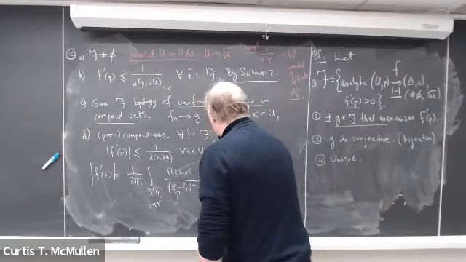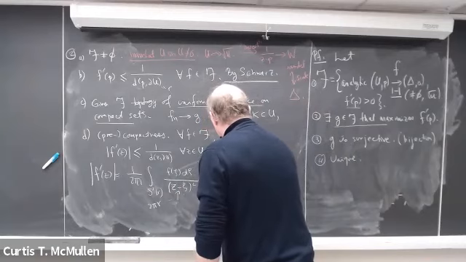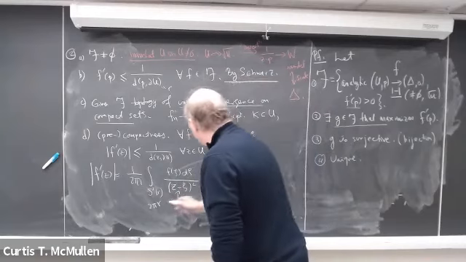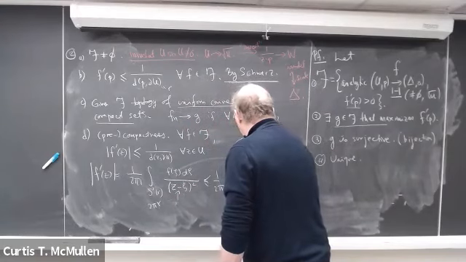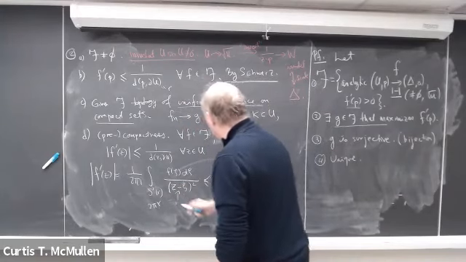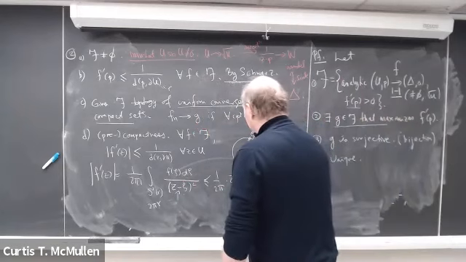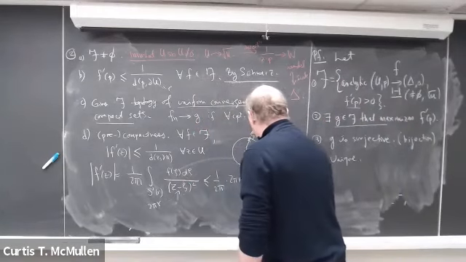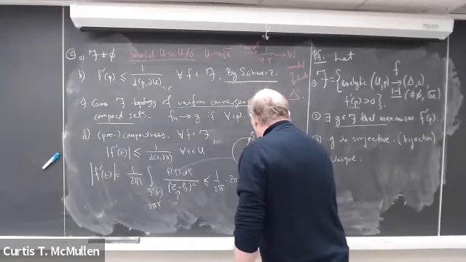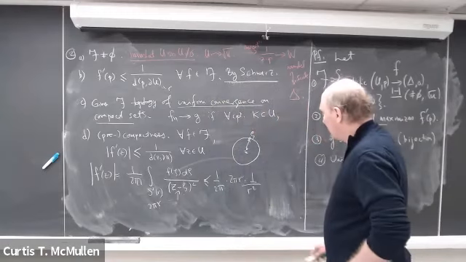So this is less than or equal to 1 over 2 pi times the length of the region on which we're integrating, 2 pi r, times an upper bound on F. F is bounded by 1 since it maps into the unit disk, and the denominator is bounded below by r squared.